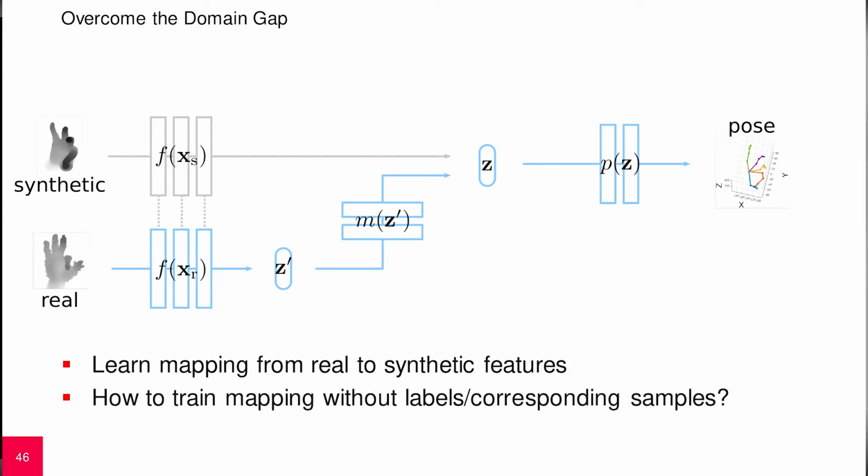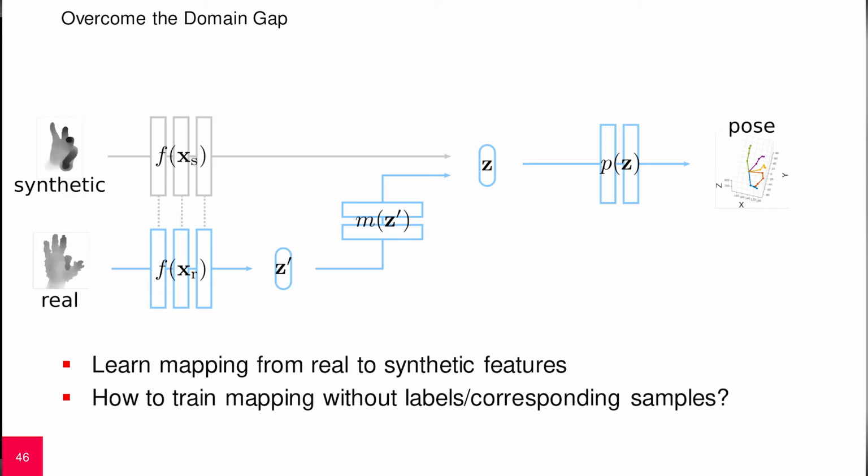But if we do it that way, we are assuming that we know the correspondence. If we want to minimize the distance between synthetic and real samples, what other works are doing is assuming that they know the correspondence between real and synthetic samples, and then just minimizing this distance in the latent space.